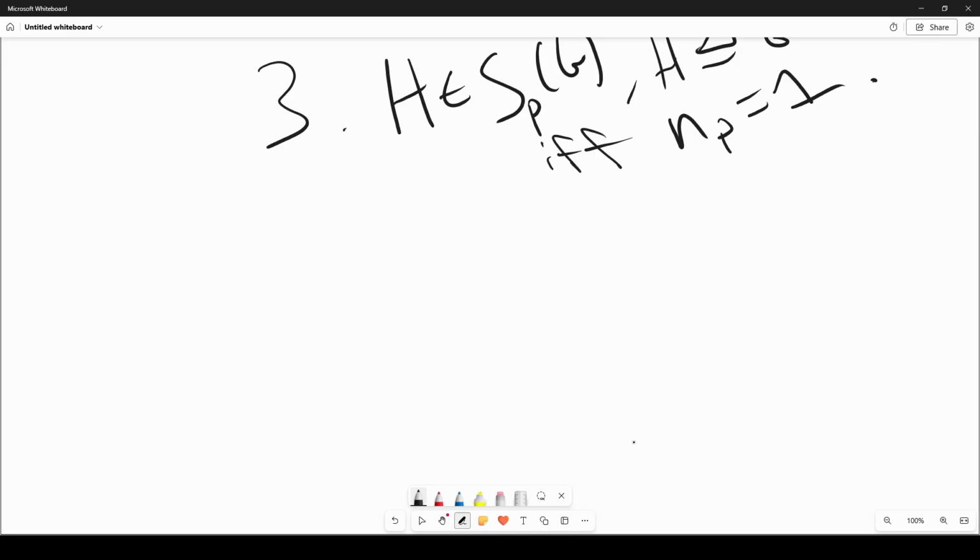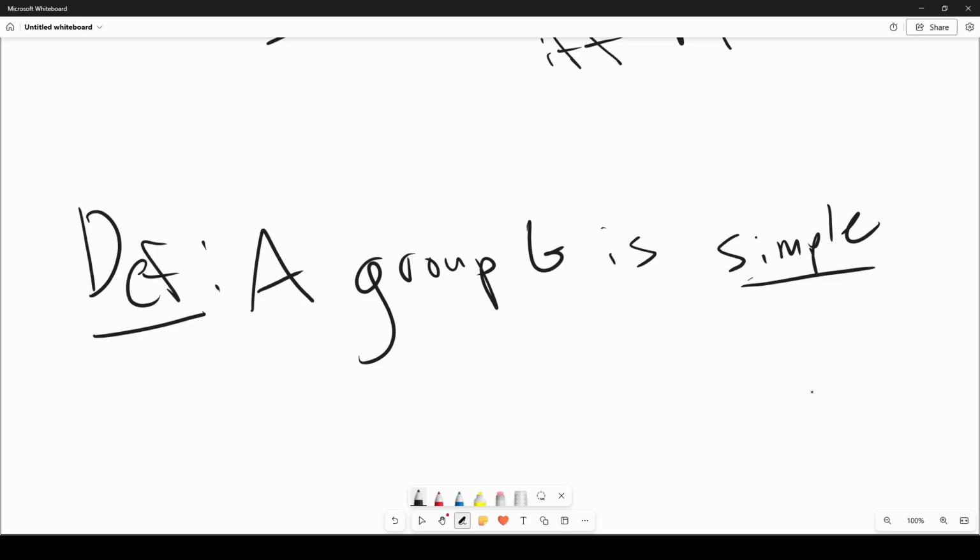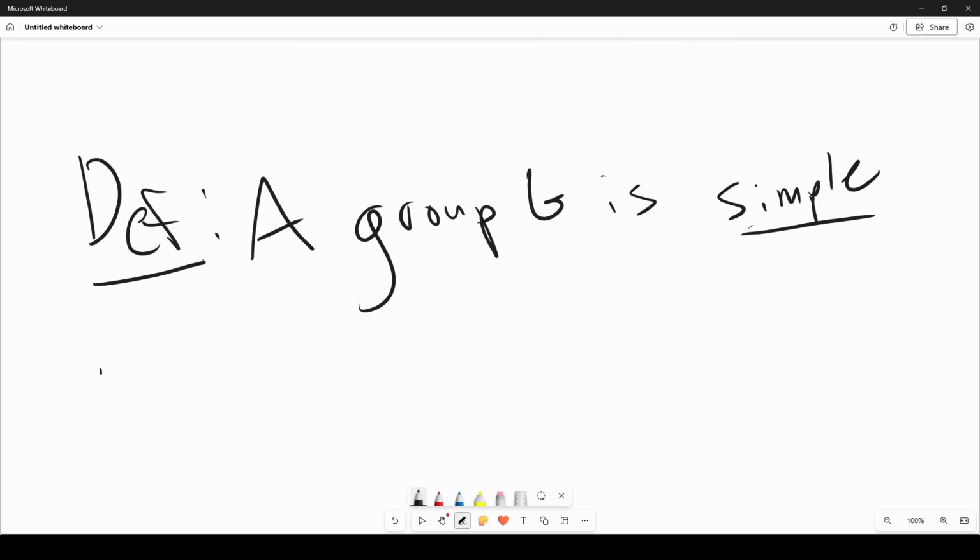Let's introduce a quick definition that will help us, and is a common definition when talking about normal subgroups. A group G is simple if it has no normal subgroups.